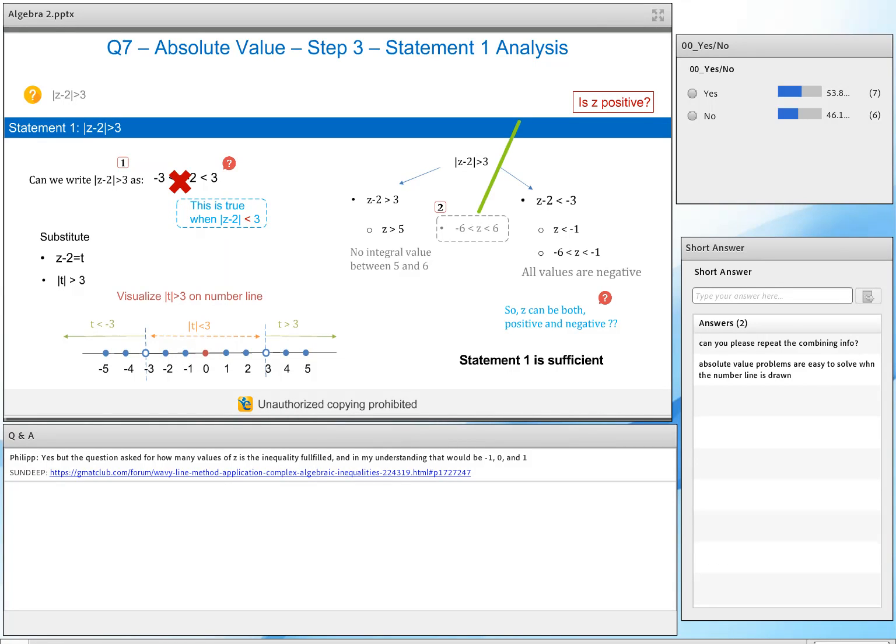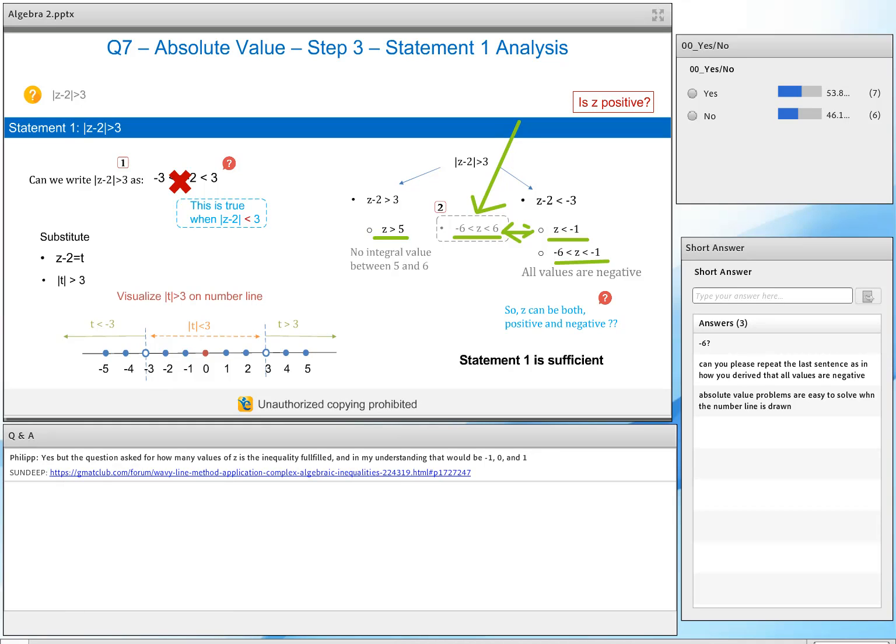This is what the question statement told us, right? Minus 6 is less than Z is less than 6. This is what you're getting from one of the ranges. So you simply figure out that there is no integral value between 5 and 6. Now you take this and put it in context with Z is less than minus 1, which means that all values are negative.